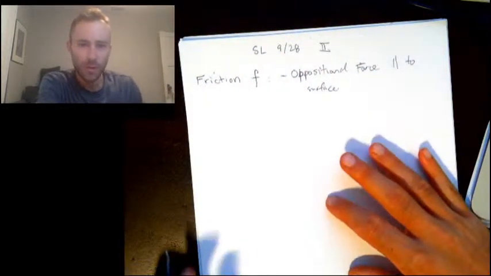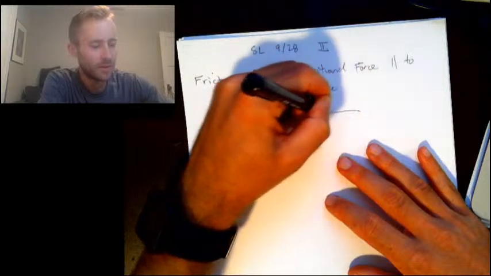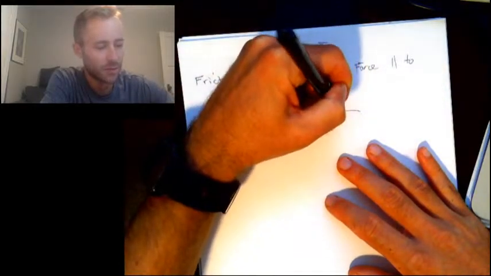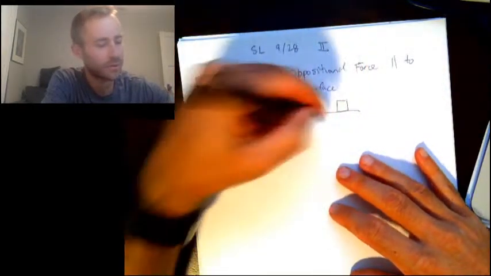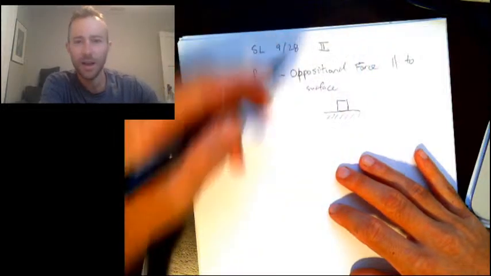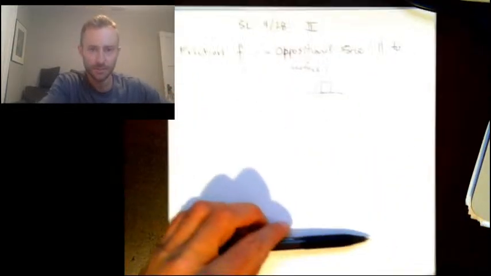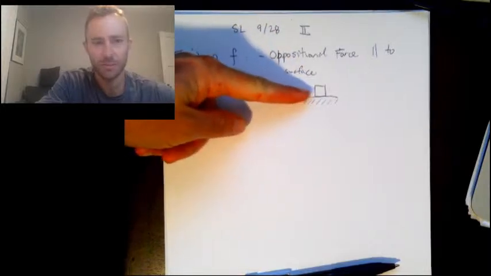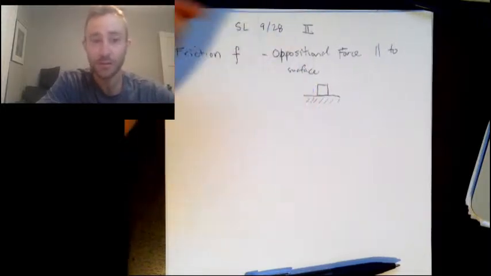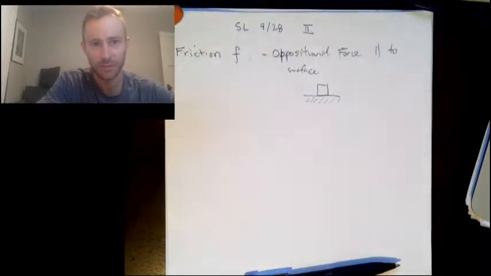Okay? So what do I mean by that? Well, I mean that if you have a box that's on the floor, for example, and I push the box, if I push the box on this side, so I'm pushing the box to the right, friction is going to point to the left. Okay?